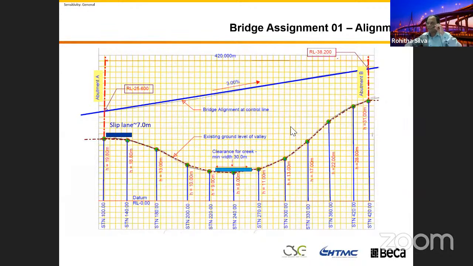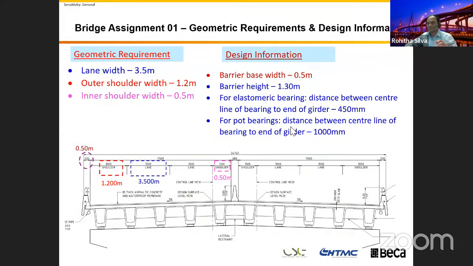Anyway, then we know the bridge height, we know the length, but we need to first calculate the width of the bridge. Without that, you can't do anything. For that, we gave the geometric requirement. They said the lane width is 3.5, which is quite standard.